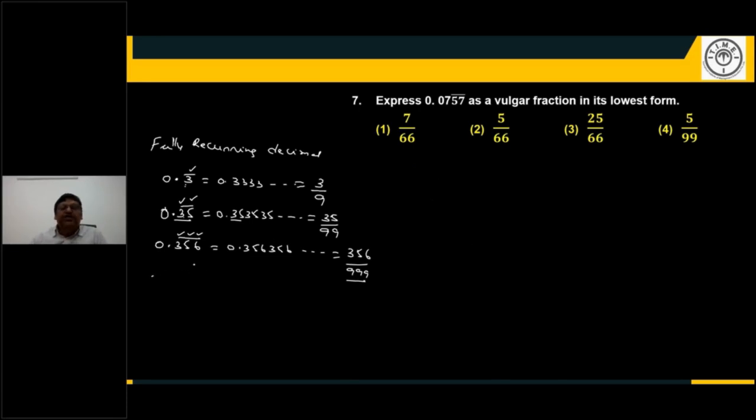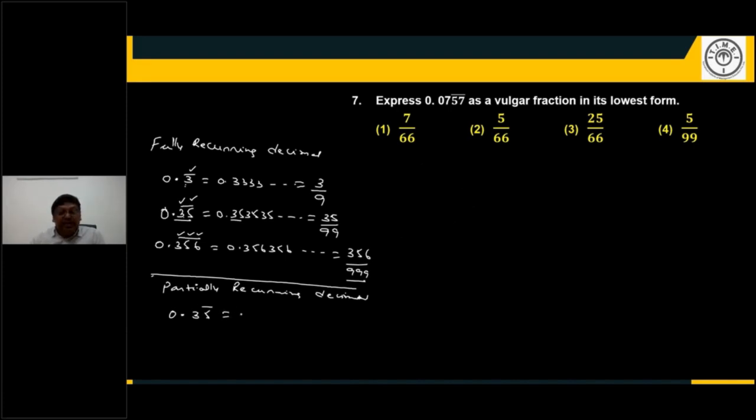Now coming to partially recurring decimal, students. This is interesting. Partially recurring decimal, what we do, students, is, suppose if I have 0.35 with bar only on 5, please, not on 3.